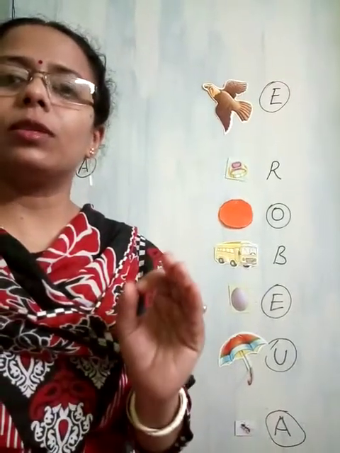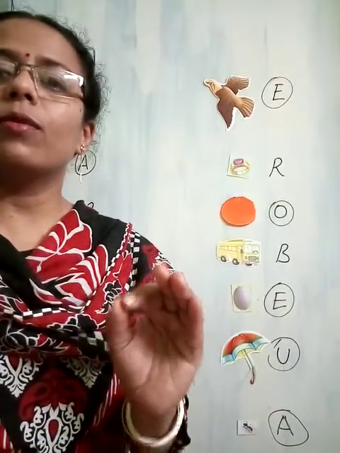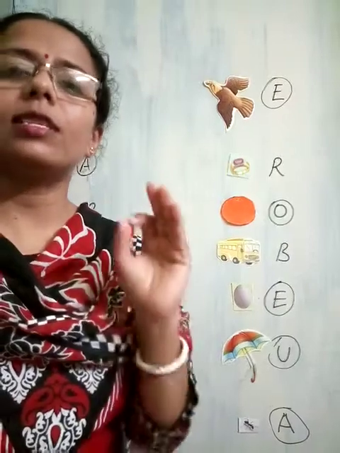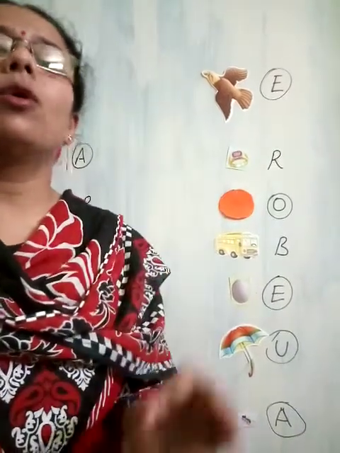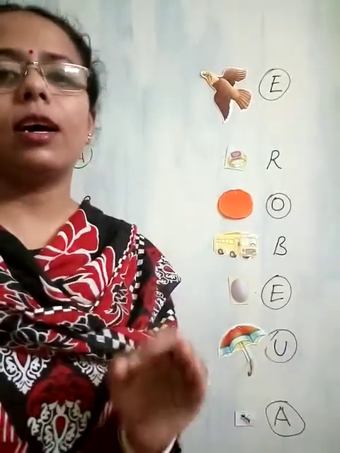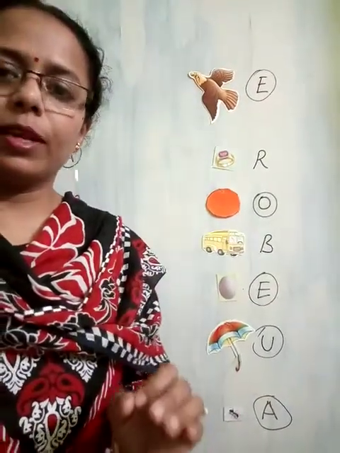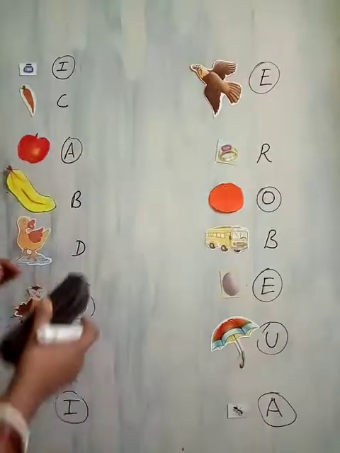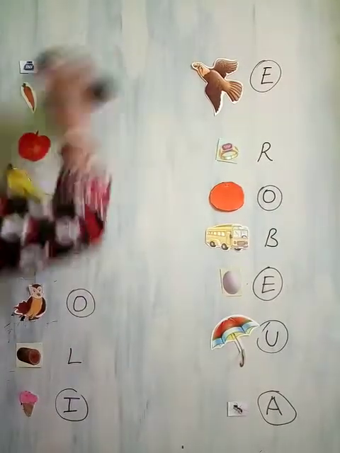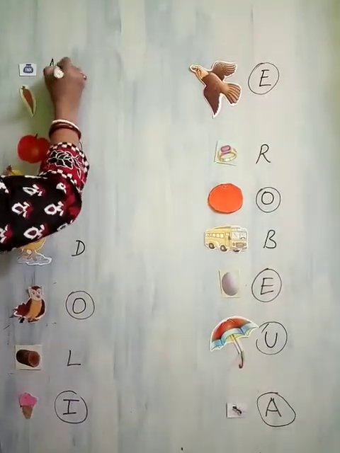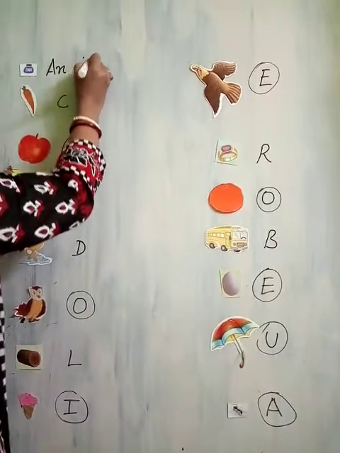We use an for the vowel sound words, the words which start with A, E, I, O, U. Okay? So now I am going to write an ink pot.